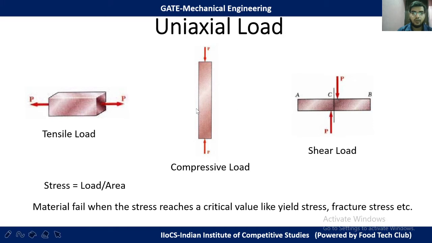So this is a very simplistic view, but suppose apart from this axial compressive stress, tensile stress also acts like this. Then how can we find the stress which will determine what will be the critical stress for which the material will fail or not?